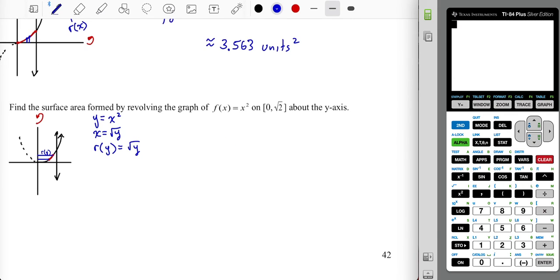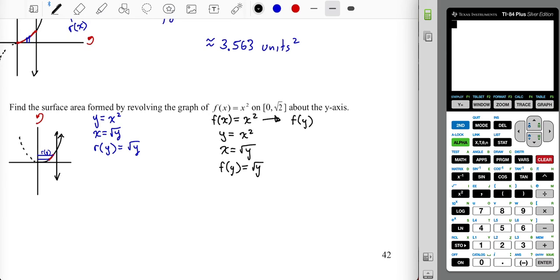Since this function will be defined in terms of y, I have my f of x here as x squared, but we need f of y. So y is equal to x squared, as we know. x is equal to the square root of y, making f of y equal to the square root of y.